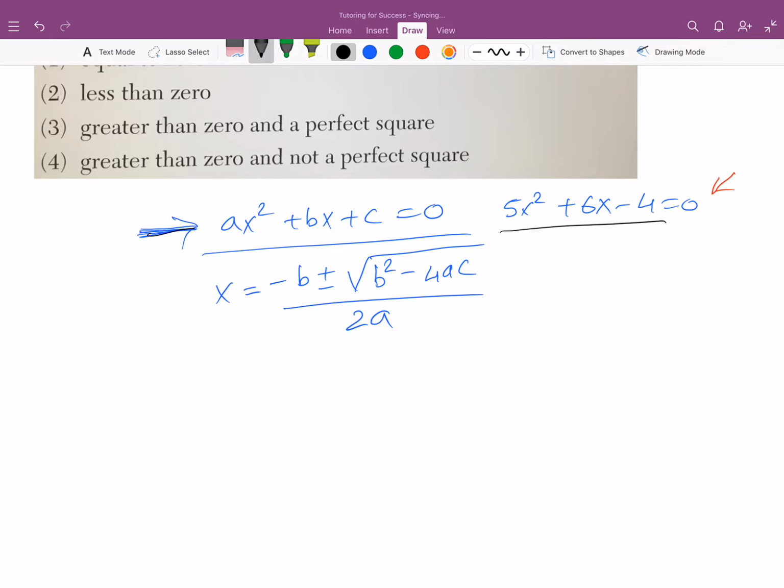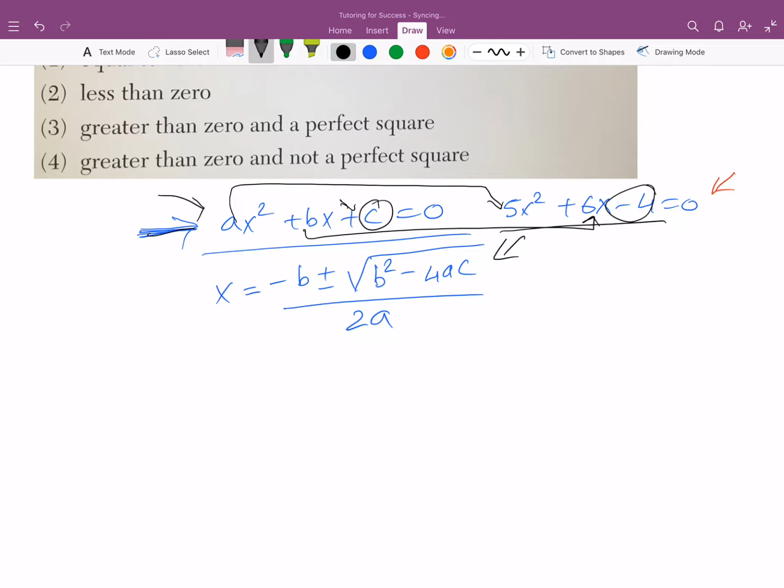If you compare this equation with the standard one, a would be 5 because that is the coefficient of x squared. Similarly, b would be 6, the coefficient of x, and the constant c, including the sign itself, would be negative 4. That is what you plug into this formula to find the roots.